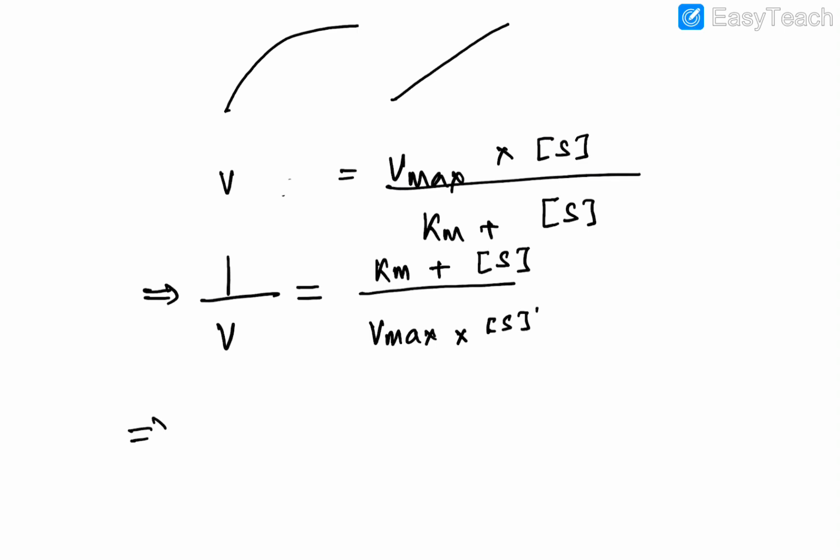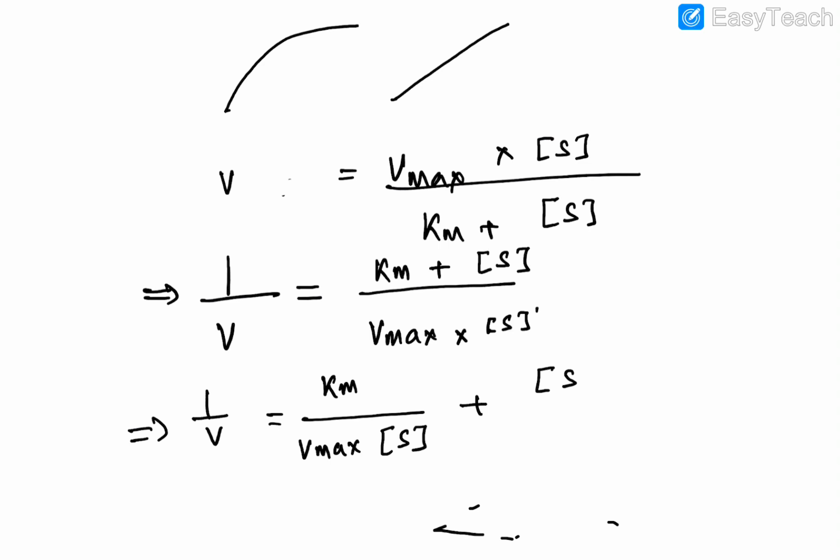Now just let us work it out. This is Km by Vmax into substrate concentration plus substrate concentration by Vmax into substrate concentration.